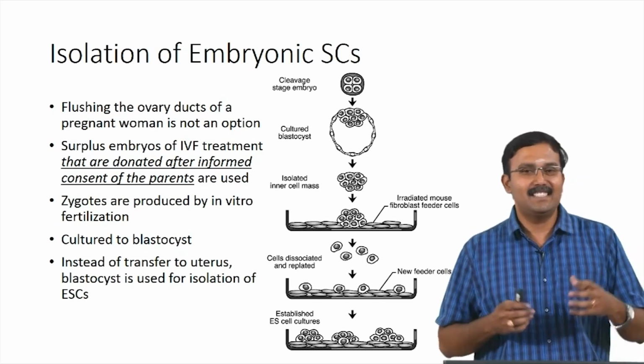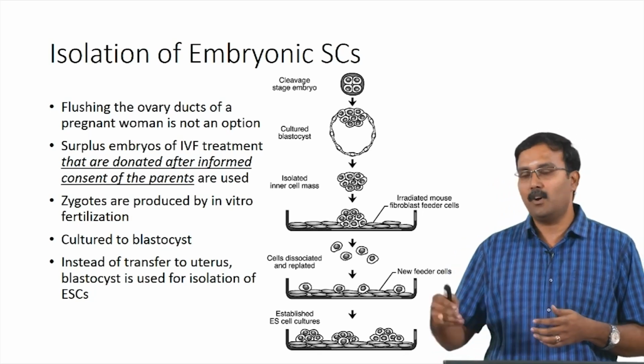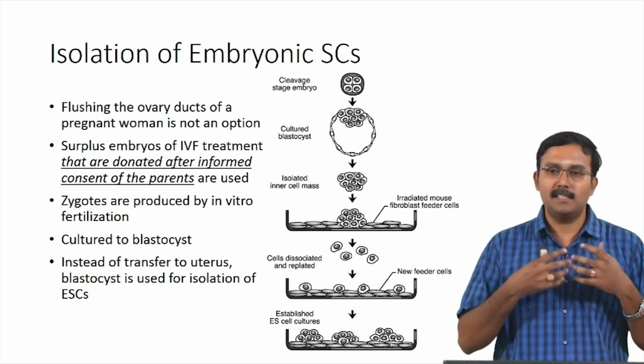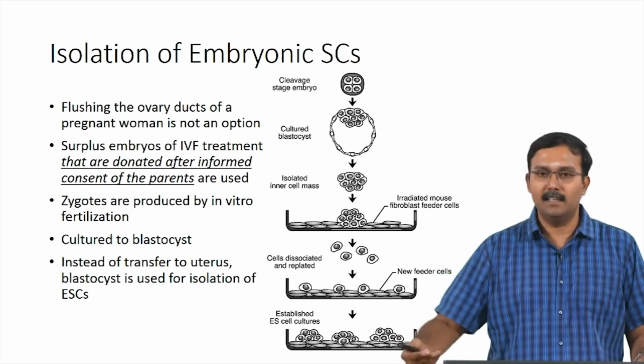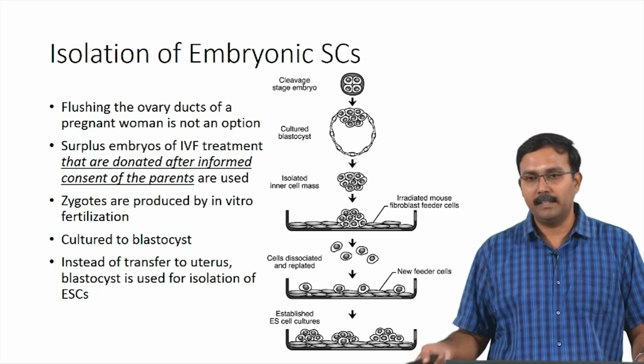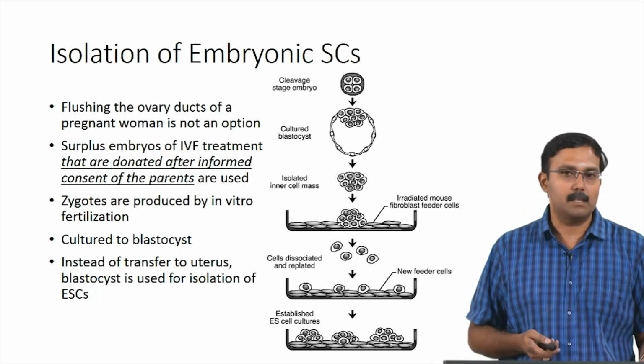So, zygotes are produced through in vitro fertilization, and they are cultured to form the blastocyst phase. At this stage, usually this is placed inside the womb for it to develop into a fetus. Here, instead of that, the blastocyst is used for isolation of embryonic stem cells.